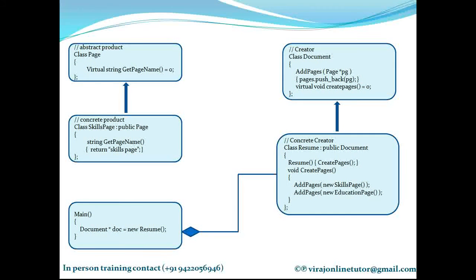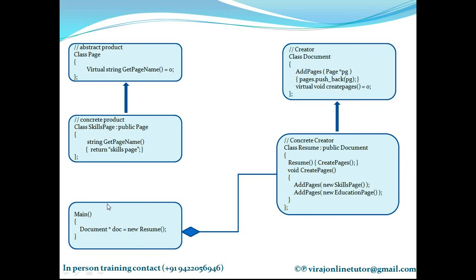So please remember that while coding factory method, and not only factory method, any design pattern in general, always try to stick to the interfaces as much as possible. So here, even though I'm saying new resume, what is the type of the pointer that I'm saving that data into? Document. So who is the base class of resume? Document.